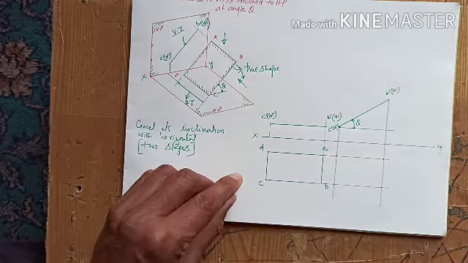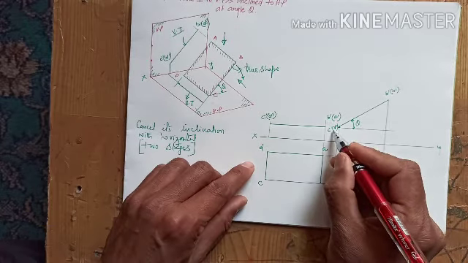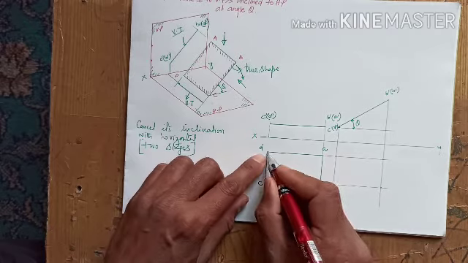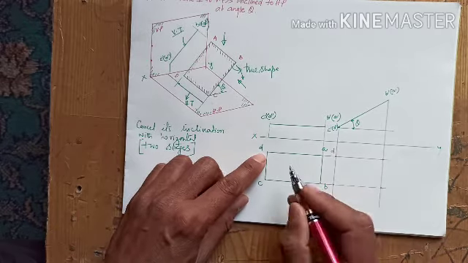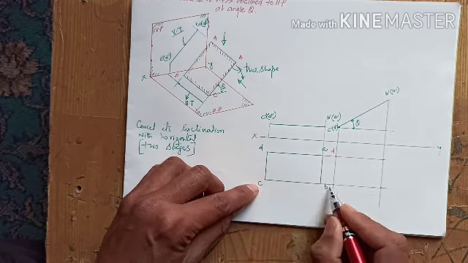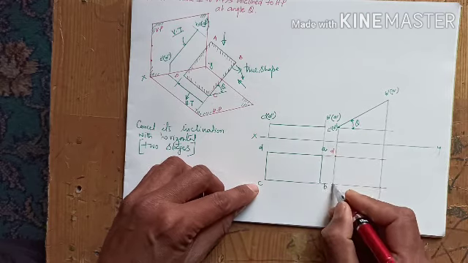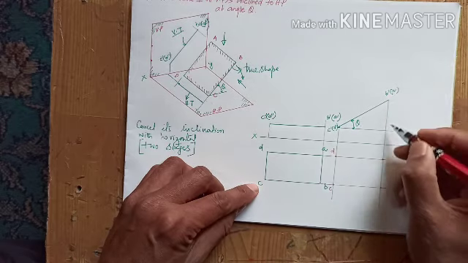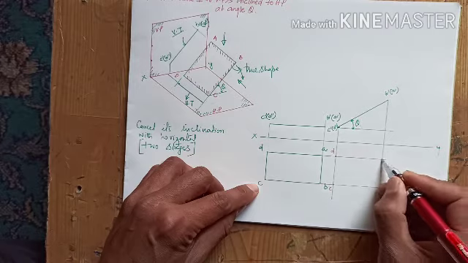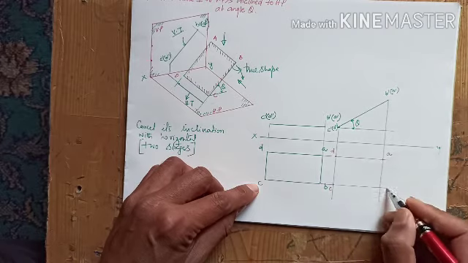Now let's find out which point is which. This point comes from C prime and D prime, and here it was D, so this point is my D. In the same way, this comes from C and this comes from C, so this is my C. Now this point is A prime. It comes from A, so this is my A, and B comes from B.